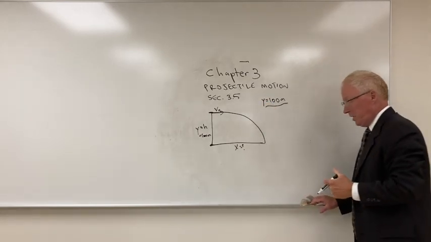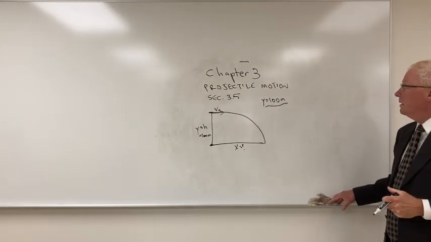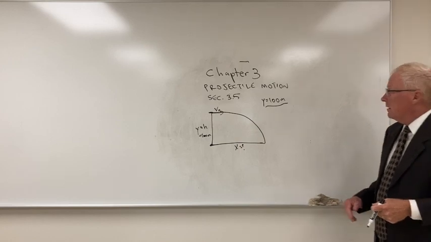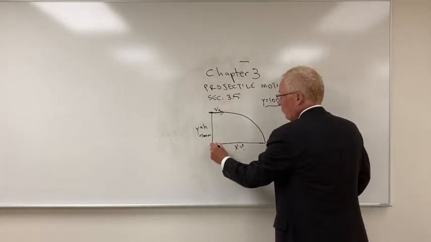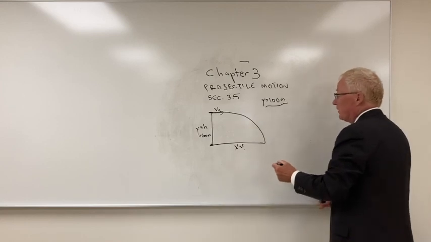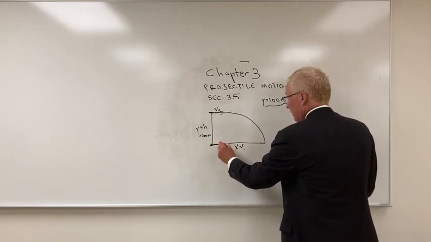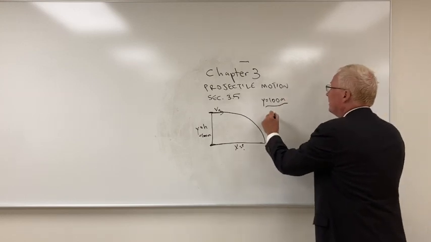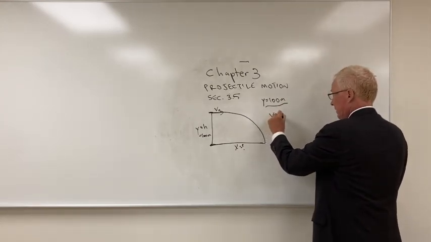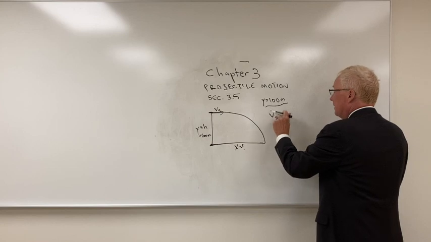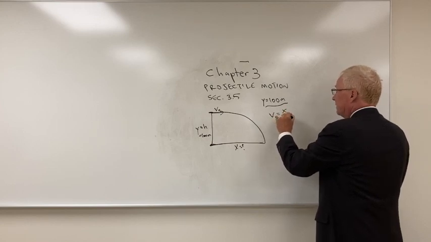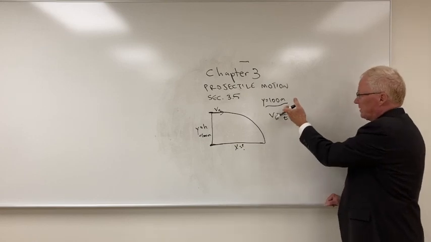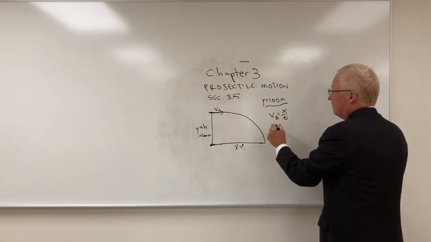Now we go back to chapter 2, and in this case, why does that make a difference? Well, it turns out the relationship between velocity v and distance is velocity over time. Velocity is distance over time, displacement over time.